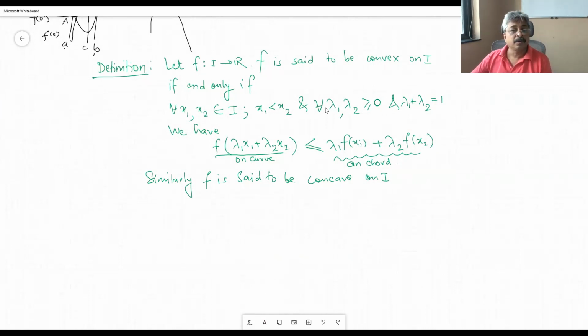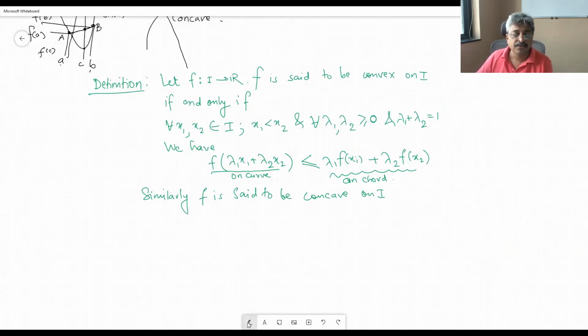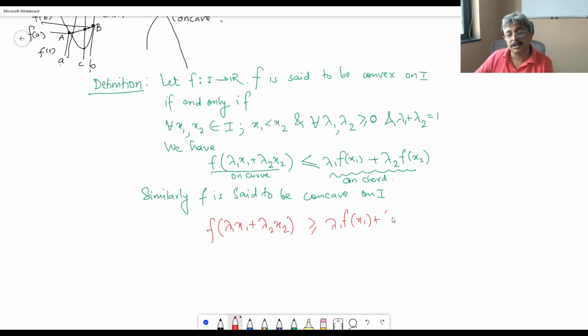Then for everything, this statement will remain as it is. The inequality will flip. f of lambda 1 x1 plus lambda 2 x2 is greater than or equal to lambda 1 f of x1 plus lambda 2 f of x2. Okay.